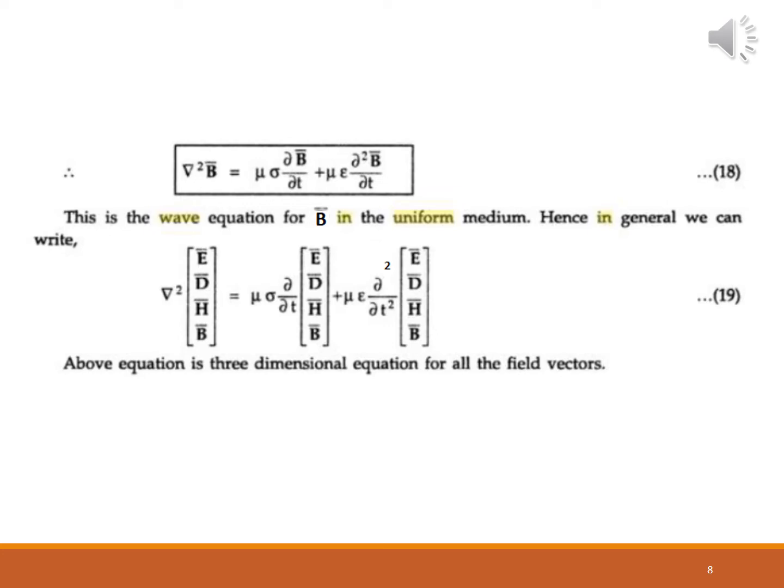It represents the electromagnetic wave equation for the lossy dielectric medium, which is a linear, isotropic, homogeneous medium that is charge free. Your rho v is 0, sigma is not equal to 0, and it has an epsilon and a mu.